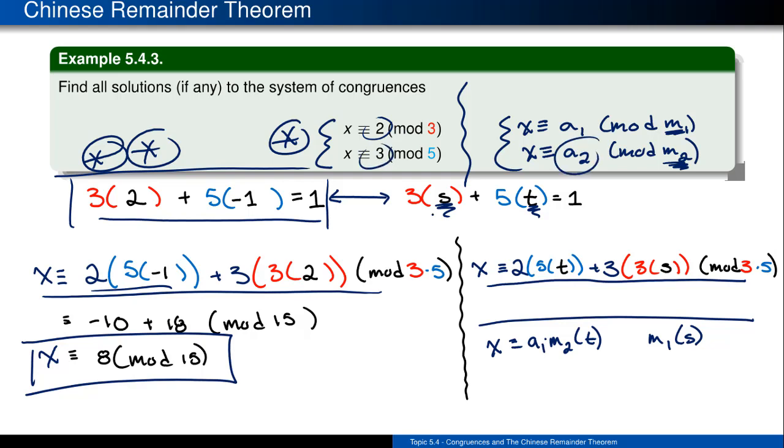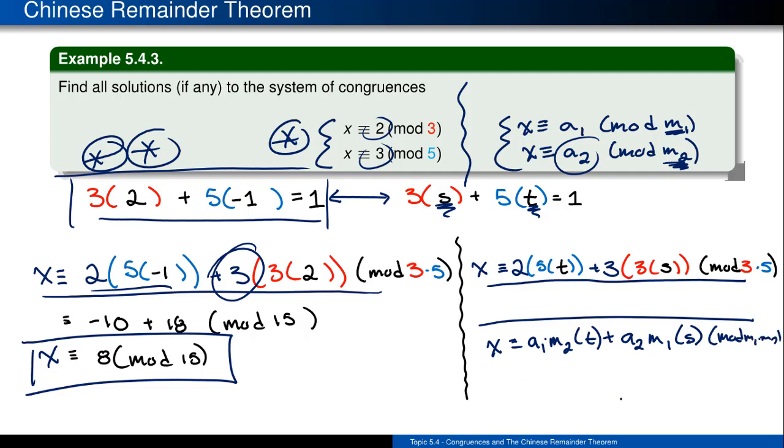It's not the red 3 in the moduli, so it becomes kind of tricky when you're trying to change these colors up. But the idea is that a2 is that little 3, which is the 3 that came into play right here. So my general solution is going to look of the form a1 multiplied by m2 multiplied by this t, plus an a2 m1 multiplied by this s, and that's going to be reduced modulo m1 multiplied by m2.